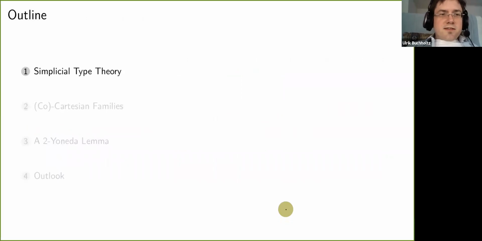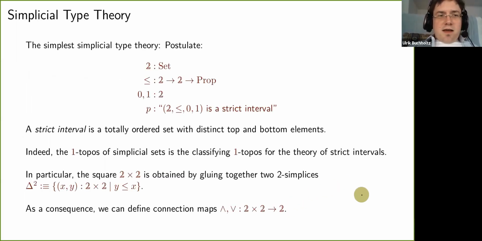Okay, so now let's start with point one, which is a brief recap and maybe new look on simplicial type theory. So I'm going to, in this talk, do it slightly differently than it's done in the paper by Mike and Emily. I'm going to work in the simplest possible simplicial type theory. We simply postulate that we have a set with an ordering, 2 points, and a proof that this is a strict interval.